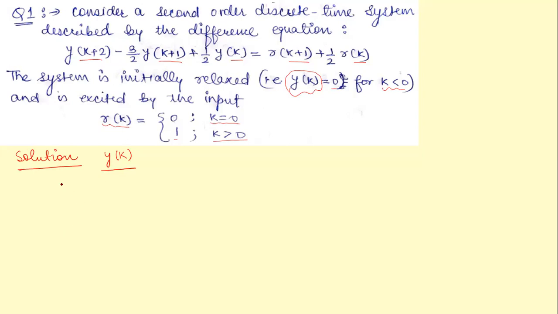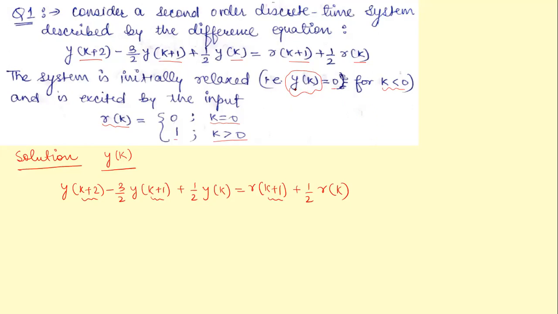So the given equation is y k plus 2 minus 3 by 2 y k plus 1 plus 1 by 2 y k is equal to r k plus 1 plus 1 by 2 r k, right? So this is the equation, but this equation is for the advanced samples. As you can see, that is the present value and the advanced value, right?